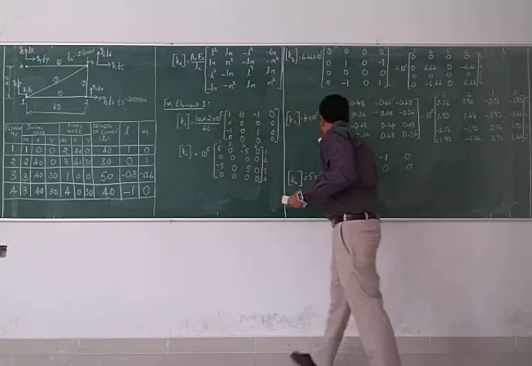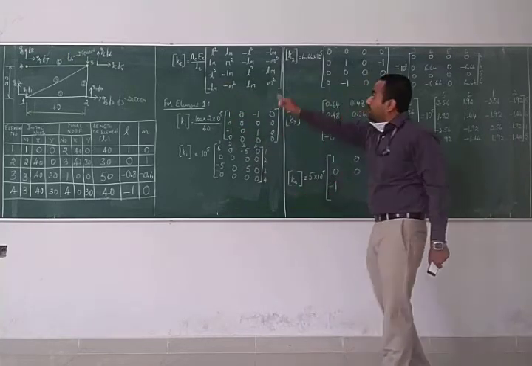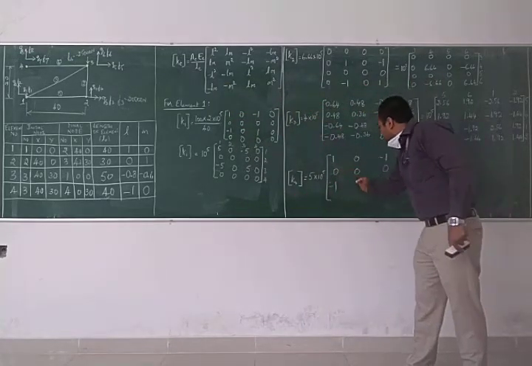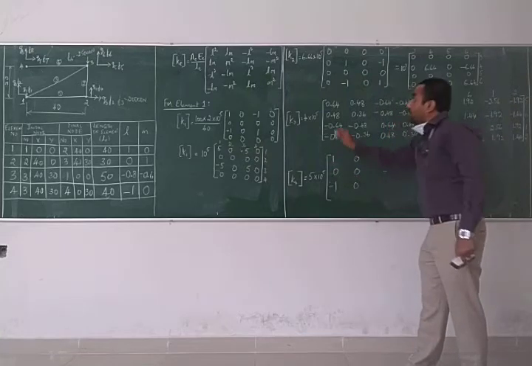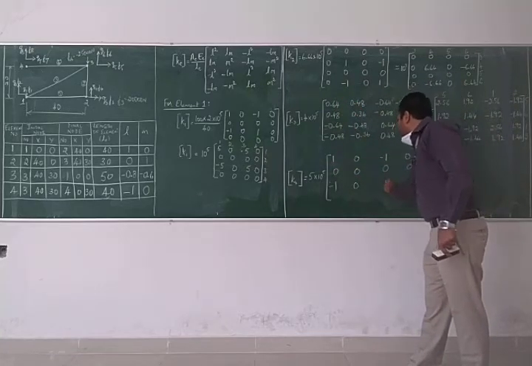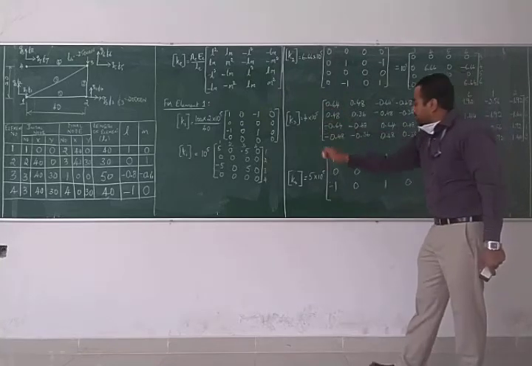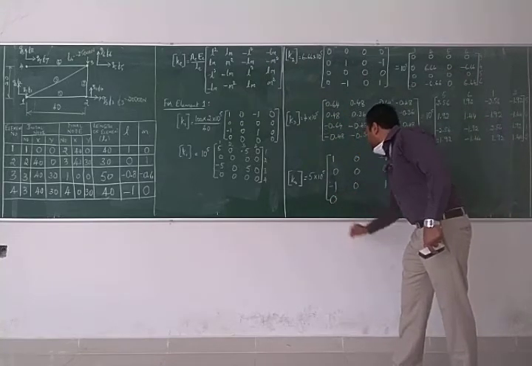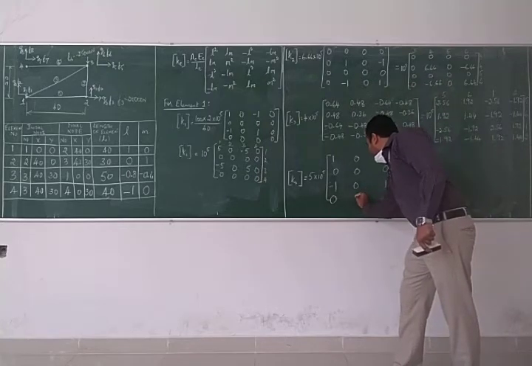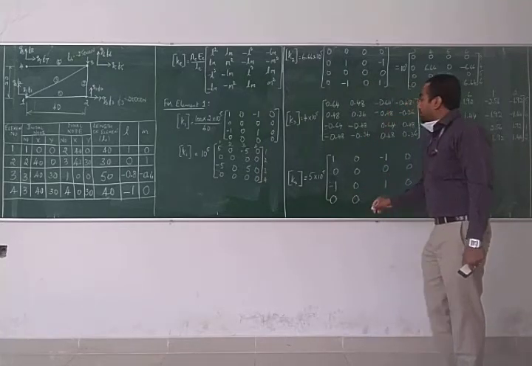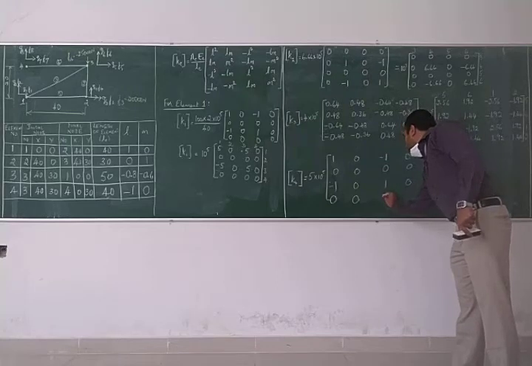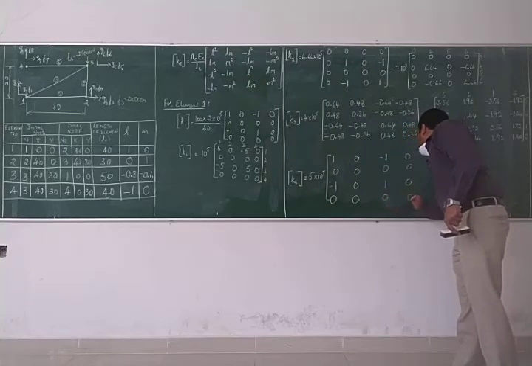Minus l square is minus 1, minus lm is 0, l square is 1, lm is 0, minus lm 0, m square is 0, lm is 0, m square is 0.